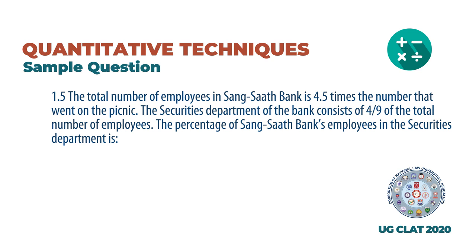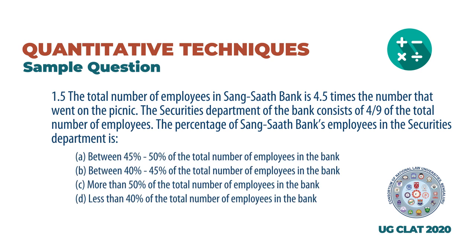The percentage of Sangsat Bank's employees in the securities department is, your options are A. between 45% to 50% of the total number of employees in the bank, B. between 40% and 45% of the total number of employees in the bank, C. more than 50% of the total number of employees in the bank, or D. less than 40% of the total number of employees in the bank.